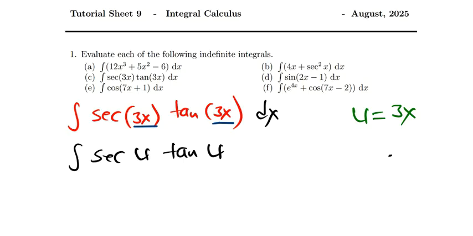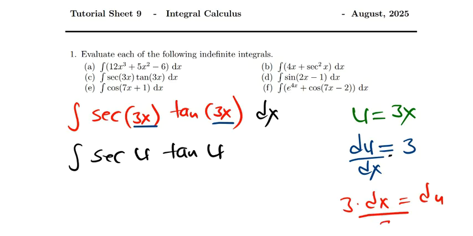And then if we try to differentiate, du will give us derivative of 3x is 3. This is in respect to x, right? So du dx. Now you decide to make du or dx a subject of the formula. If you cross multiply, you're going to have 3 dx is equal to du, and then divide both sides by 3. You end up with dx equivalent to du over 3. You can pull out a 3. Since it's on the denominator, this can become 1 over 3.